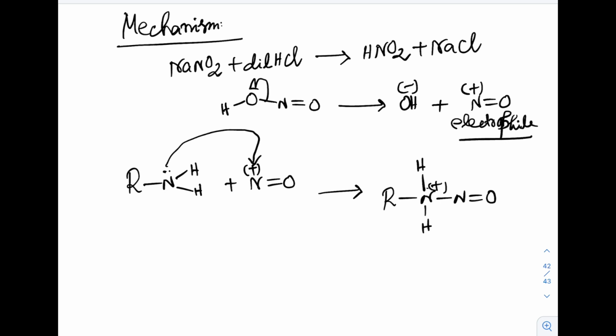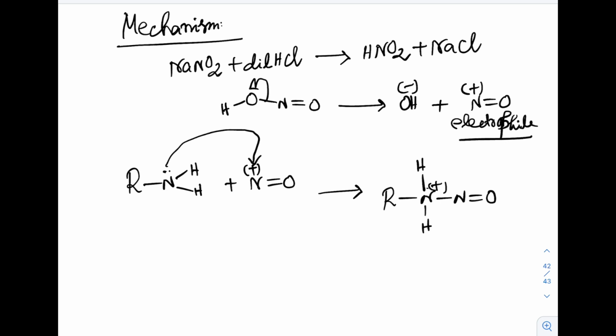Because nitrogen is substantially electronegative in nature, it will try to release one proton to get back to its neutral state once more and to get back its lone pair.